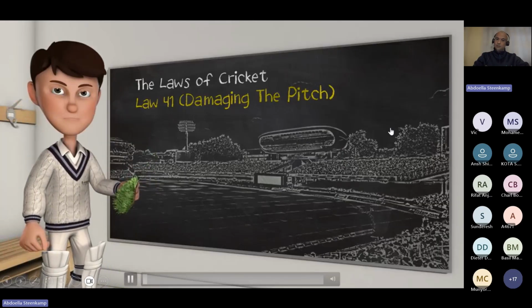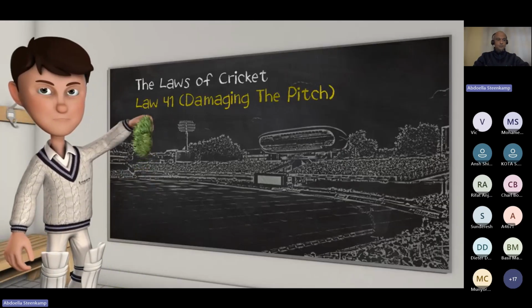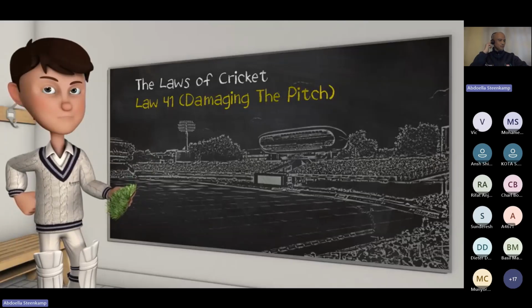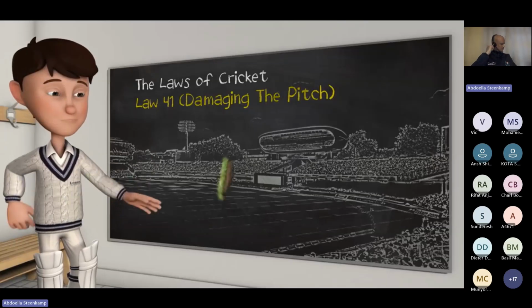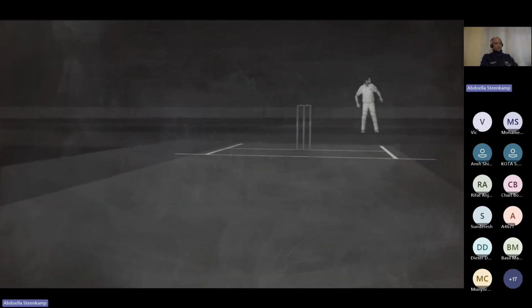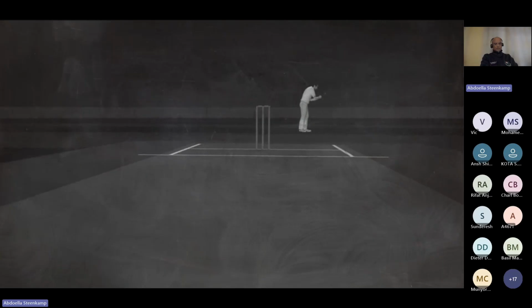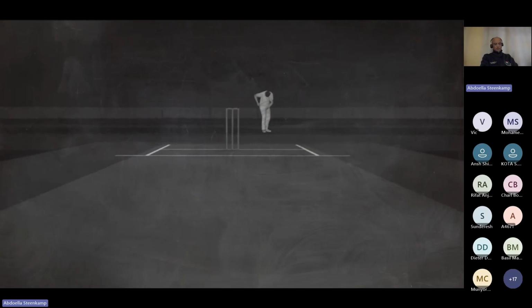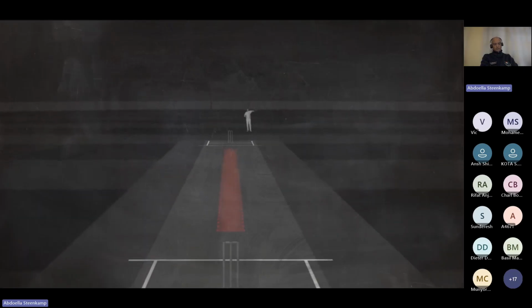Damaging the pitch. Deliberately damaging the pitch is illegal and can be costly to the guilty player's side. A bowler will be deemed to be causing deliberate damage if the umpire considers that his or her presence on the protected area of the pitch, shown here in red, is without reasonable cause.